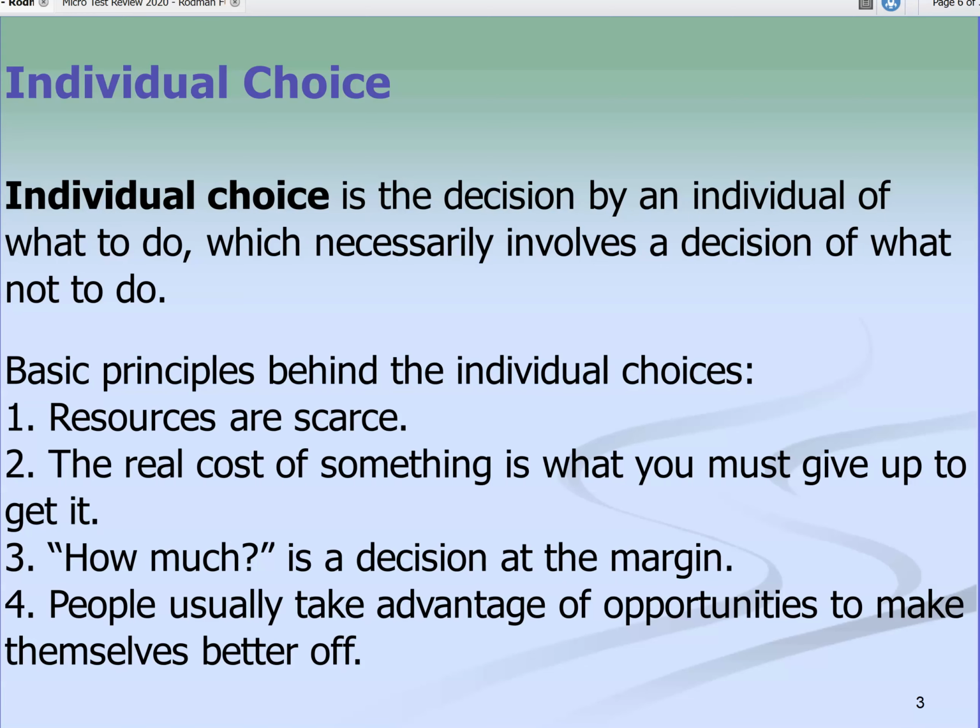Okay, so we move on to this idea of individual choice. People are going to act rationally in making decisions, and they're going to act in their own self-interest. So some basic principles behind this. Why do they have to buy things? Well, because resources are scarce. Why are there differing costs based on how much is being supplied, or how much demand there is around them?